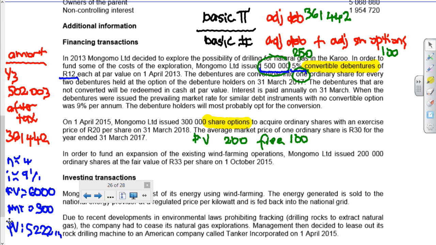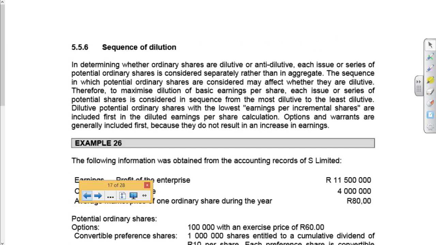Okay. So it brings me to the last bit of this lecture, something called sequence of dilution. When we do a calculation, we want the maximum diluted earnings per share.